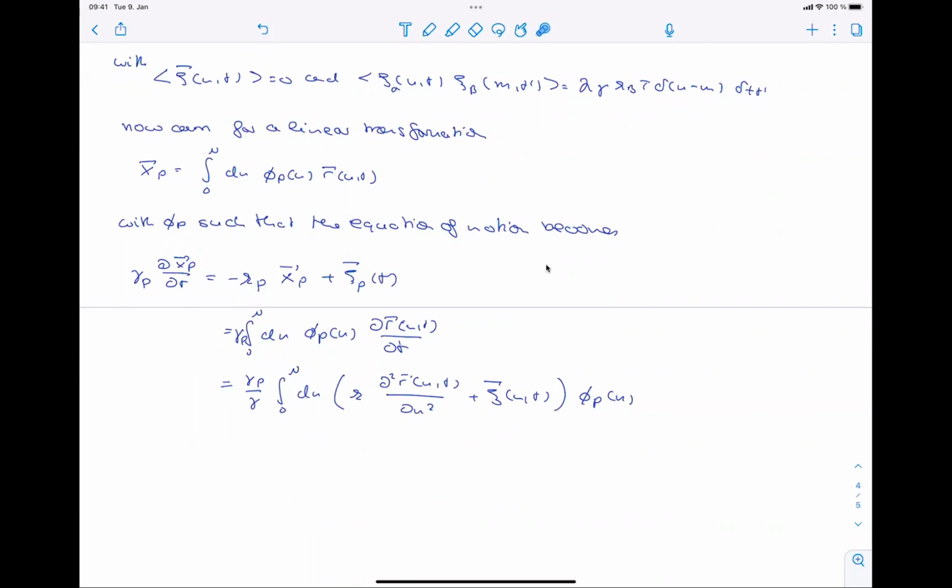Now what we can do with this term is integration by parts. We have a second order derivative in n, so if we do integration by parts twice, we move both differentiations in terms of n to our normal modes phi.